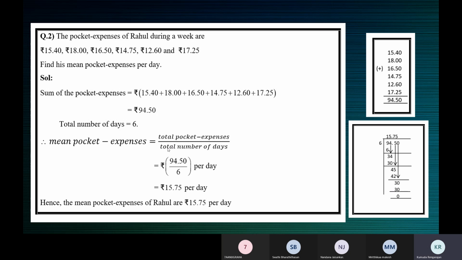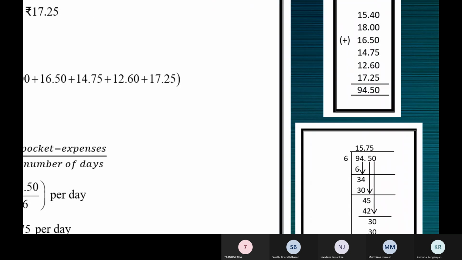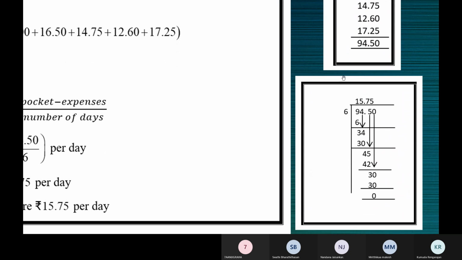And to find the mean, you have to divide 94.50 by 6. So see here, 94.50 divided by 6. 6 ones are 6. 3 is the remainder.